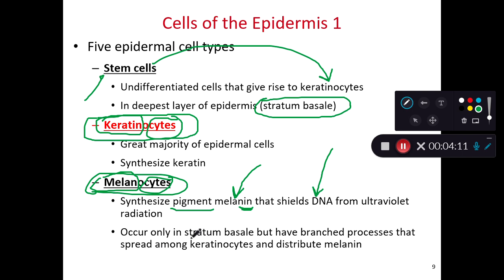We have the melanocytes only within the stratum basale of our skin, and they have very branched processes. So they kind of have a dendritic or branching or tree-like appearance to them. And those branched processes allow for them to send the pigment melanin to many nearby keratinocytes. And those nearby keratinocytes absorb the melanin and become pigmented.